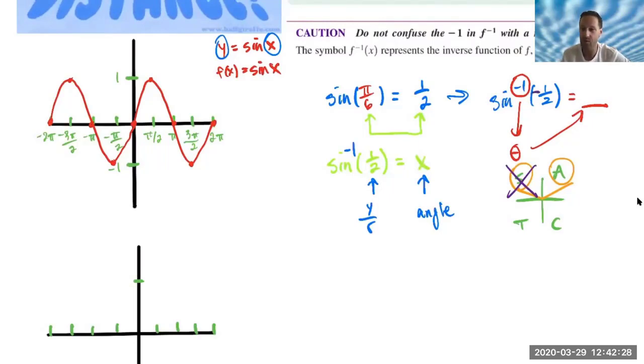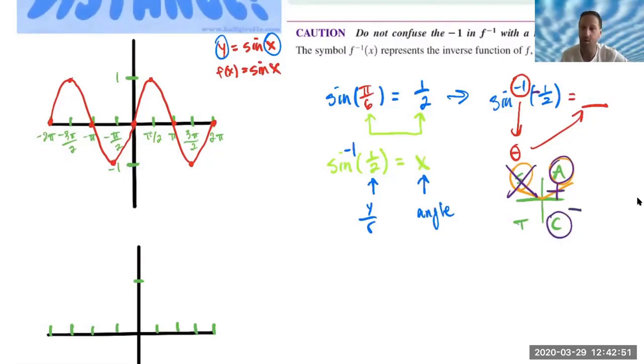So which of those two do you think would be the easiest to utilize? Quadrant 3 or quadrant 4, because they both yield negative answers for sine. And hopefully you would recognize quadrant 4 would be the best, along with quadrant 1 for our positives.